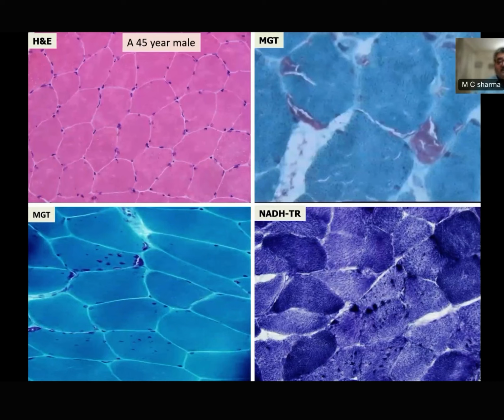This is a 45-year-old male doctor, a plastic surgeon. He complained that he has started becoming tired after surgery, and he is doing surgery sitting down. Muscle biopsy was done. There's hardly any change, but look at these, some bluish material, this red material. This is positive for MGT and NADH-TR, and negative for COX.